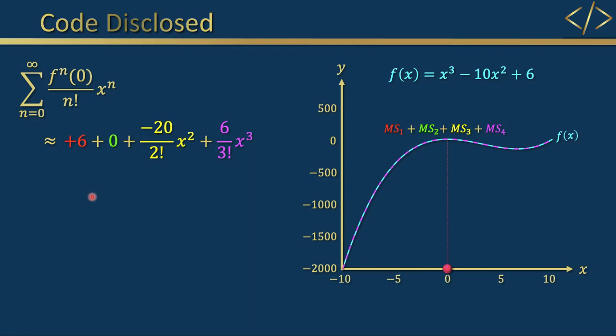If you just do a very simple simplification for this: 2 factorial is 2, so 20 over 2 is just 10, and 3 factorial here is 6, so 6 over 6 is just 1. You just do very simple simplification for these terms.